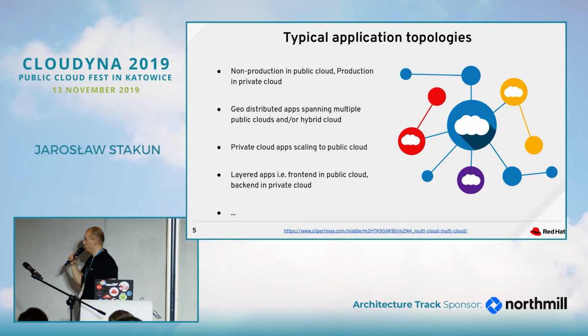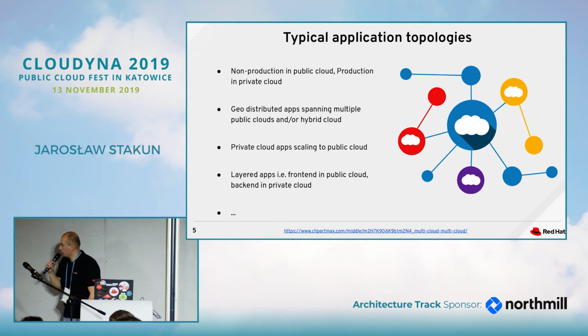So, geo distribution. This happens typically when customer is building some global system. So they want to serve customers in Europe, Asia, United States. So they want to have the application distributed between different data centers, public clouds, or regions from a single cloud vendor that are geo-distributed.